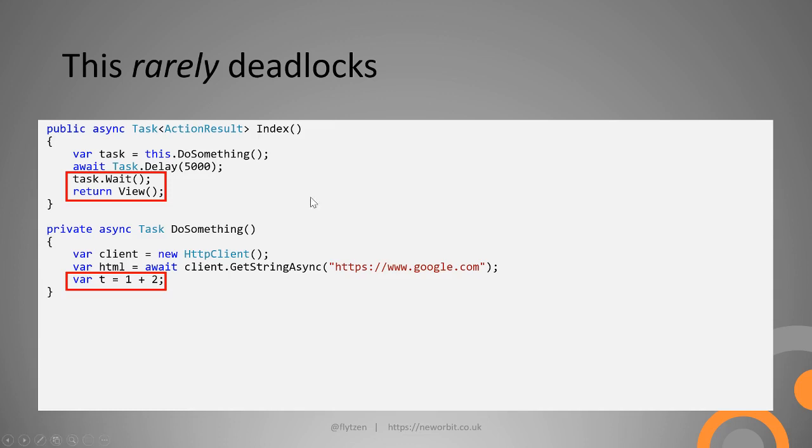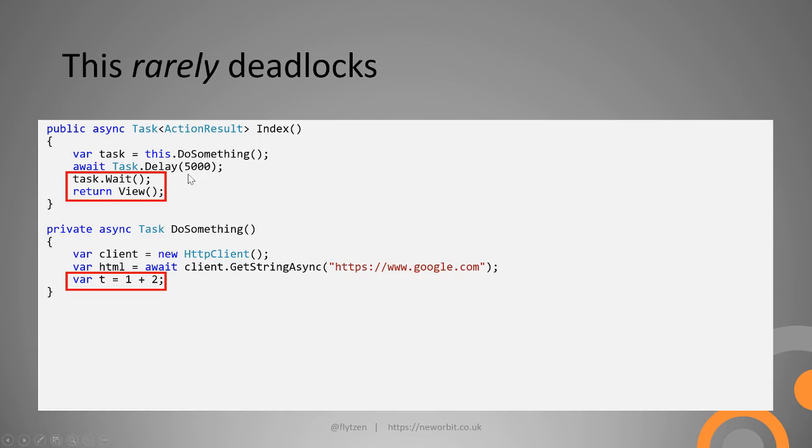So what will happen is if we run through this and our call to Google takes less than 5 seconds, we create the task, we start talking to Google. Less than 5 seconds later, we come back and try and run this callback code. We try and get a lock on the request context, and it's fine because this code here is still away waiting for this thing asynchronously, so this isn't blocking the request context either.